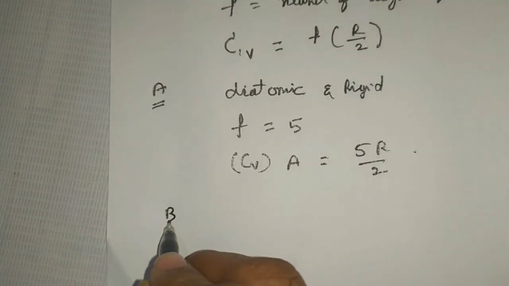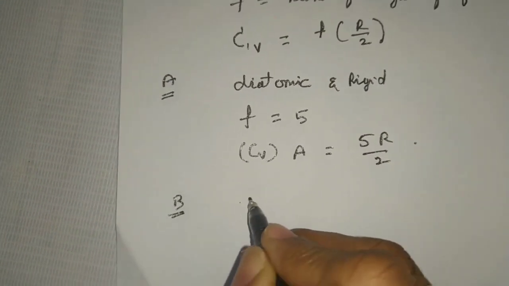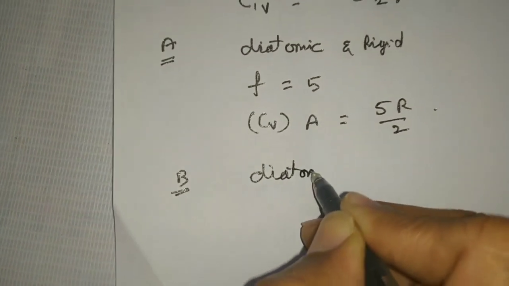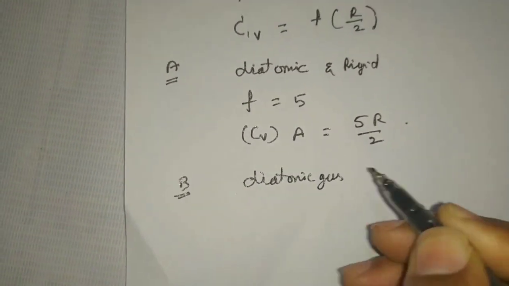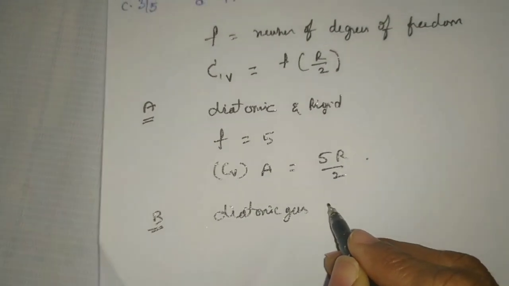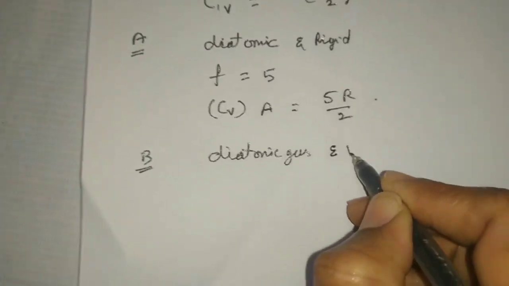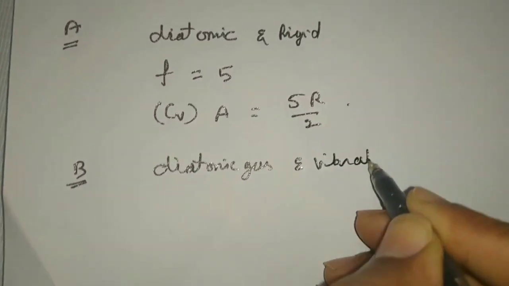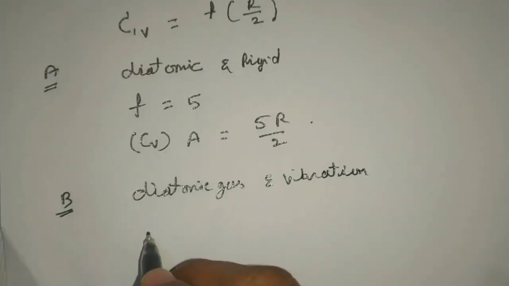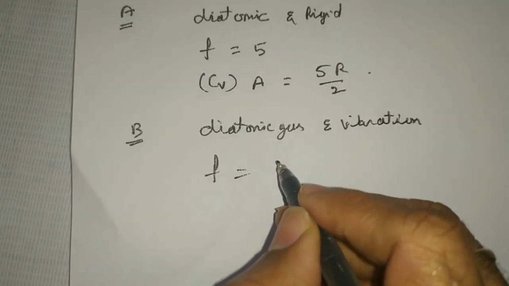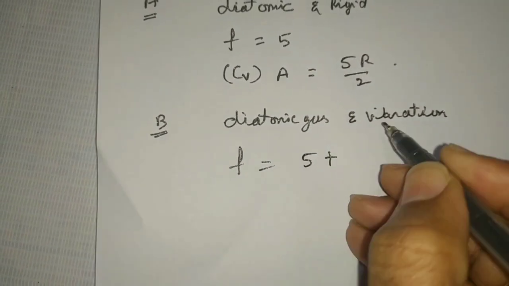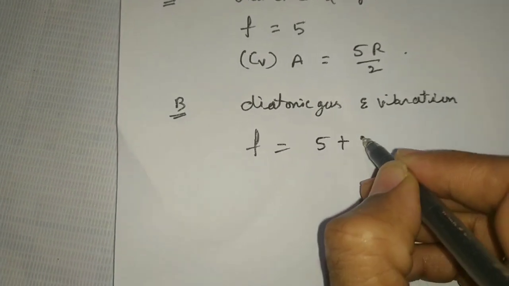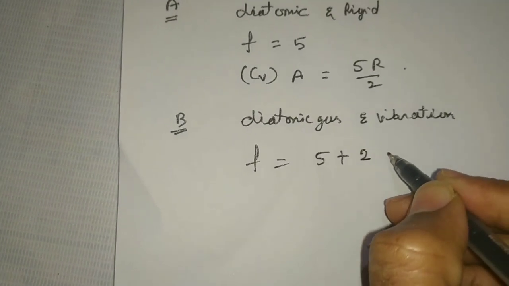Next, consider gas B. It is also a diatomic gas and has additional vibrational freedom. The number of degrees of freedom for rigid diatomic is 5. Additional vibration gives 2 degrees of freedom for potential and kinetic energies.